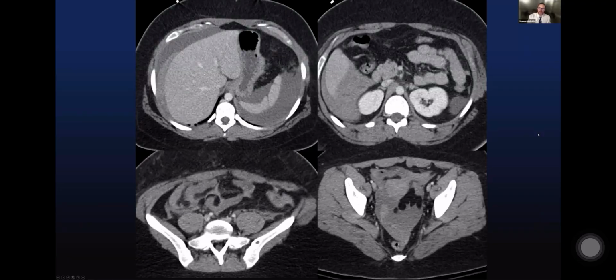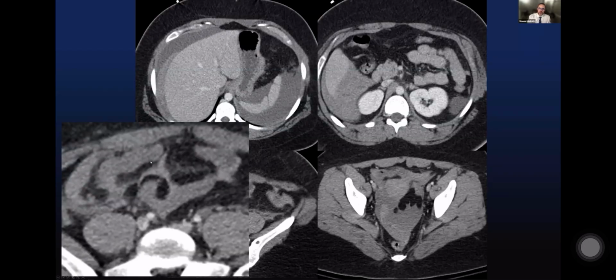Now, this patient also has a problem with their bowel, but in this case, it's not due to a fistula from the artery, but rather they were in a motor vehicle collision. They have hemoperitoneum, and they have this triangular collection of blood in the mesentery with some adjacent, slightly hypo-enhancing small bowel loops. This is a blunt abdominal injury due to a motor vehicle collision, and this patient underwent a bowel resection.